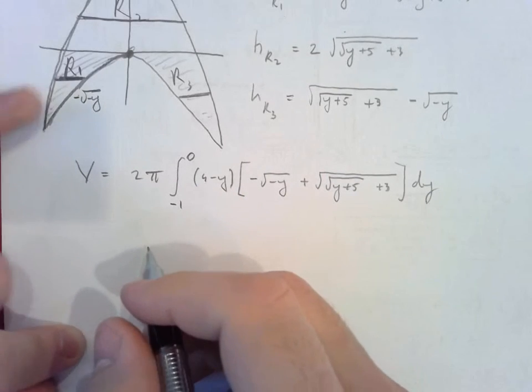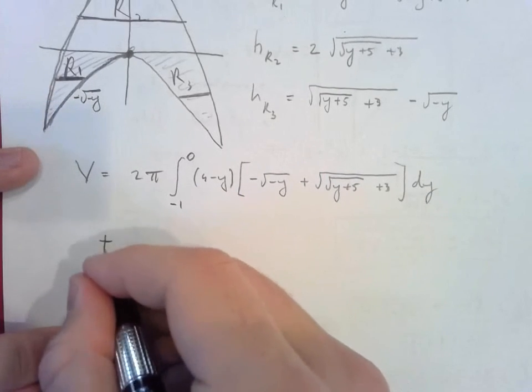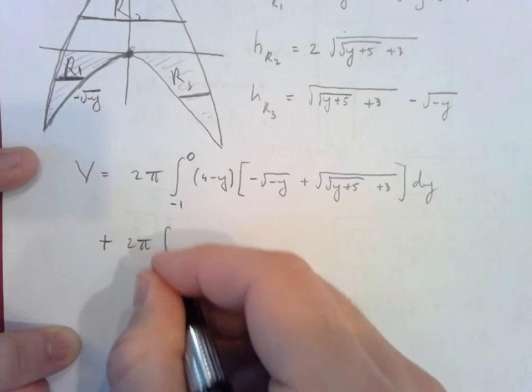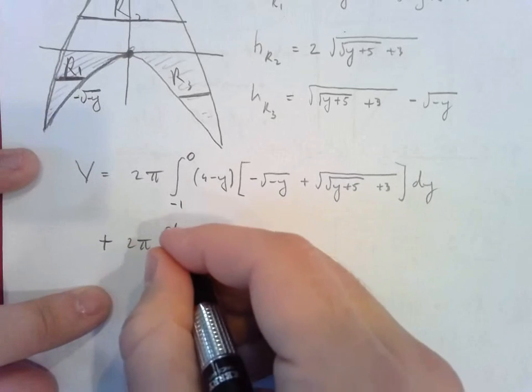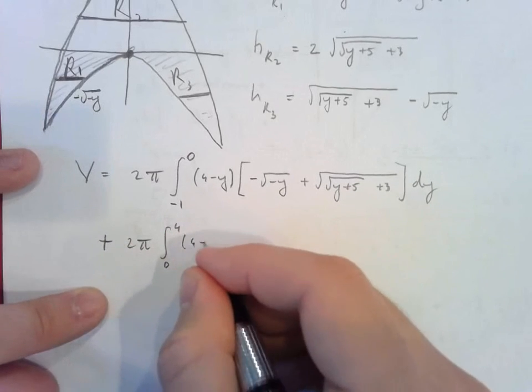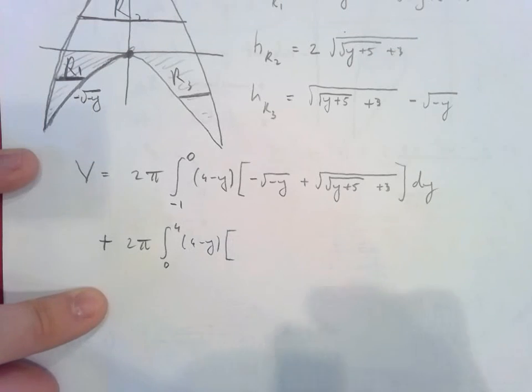That's just taking care of region 1. Now let's add to this the integral for region 2. y goes from 0 to 4, rho is the same, but the h will be different.